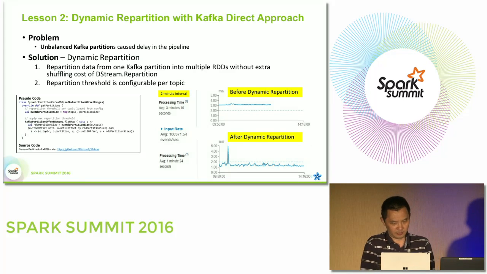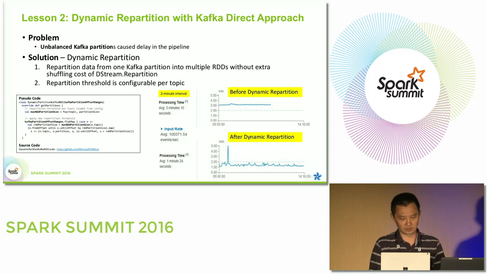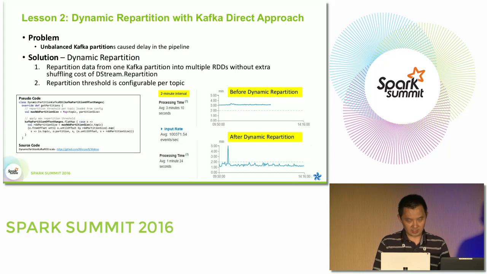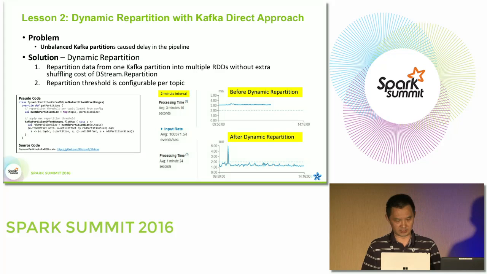It will wait until the last RDD partition completes its task before it can move on to the next stage. This can cause overall delay in streaming jobs if Kafka partitions are unbalanced or under-distributed. To make it worse, the delay accumulates from batch to batch, and the application eventually goes into an unstable state.